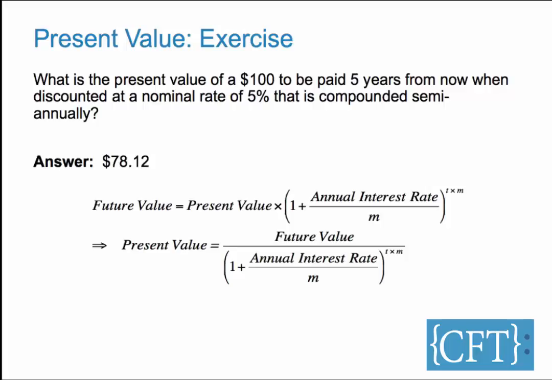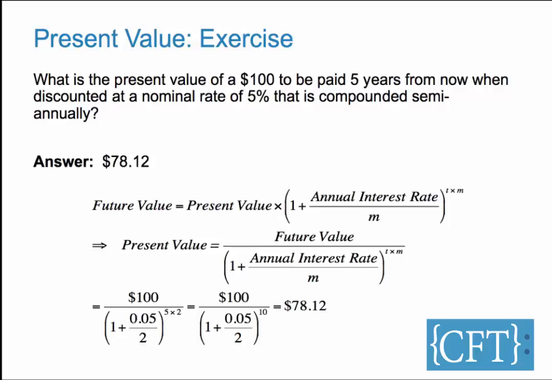Since the future value is the present value multiplied by the growth factor, the present value is the future value divided by the growth factor. As we showed in the workbook, with an annual rate of 5% compounded twice per year and discounting over 5 years, or if you like, 10 periods, since there are 2 periods per year, we end up with a present value of $78.12.